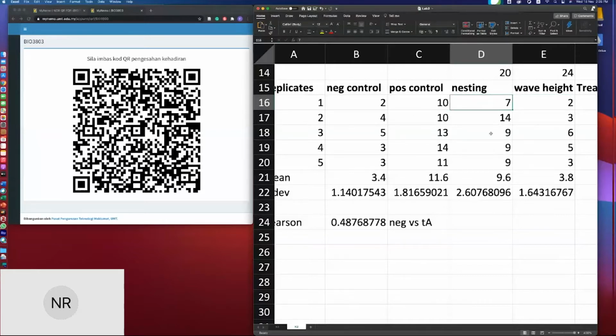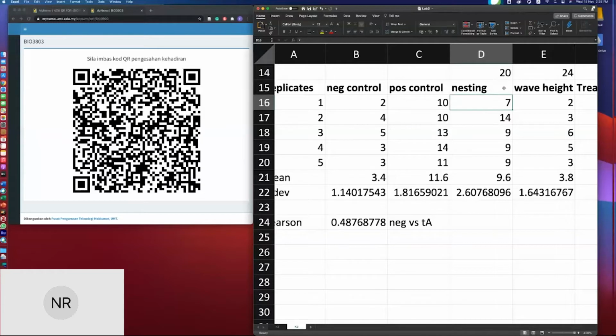Kita kaitan antara dua faktor. Nesting penyu dengan ketinggian ombak, untuk dia punya landing. So now I'm comparing nesting negative with the nesting, and then in this instance I'm going to repeat again.